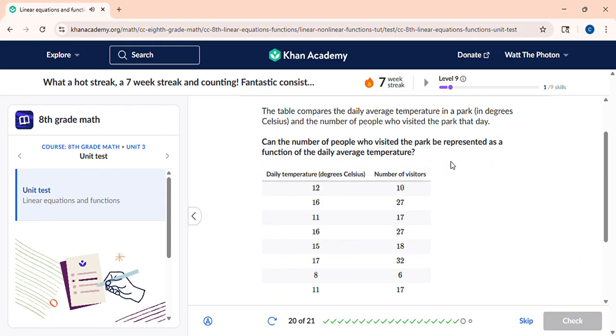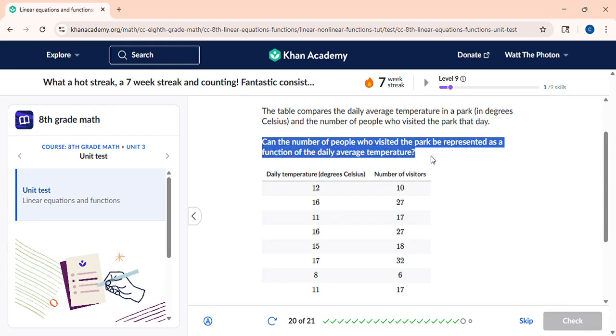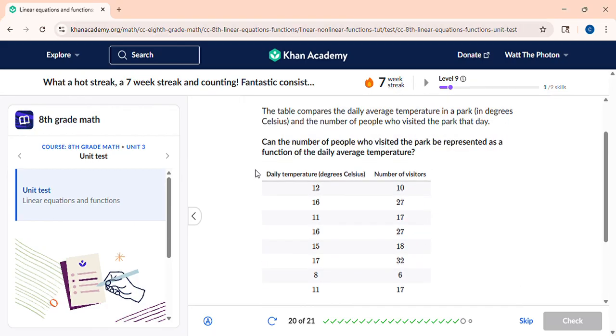Yay. The table compares the daily average temperature in a park and the number of people who visit the park. Can the number of people who visit the park be represented as a function of the daily average temperature? So we have 11 degrees Celsius and 17 visitors, 11 degrees Celsius again. 27 degrees, 16.